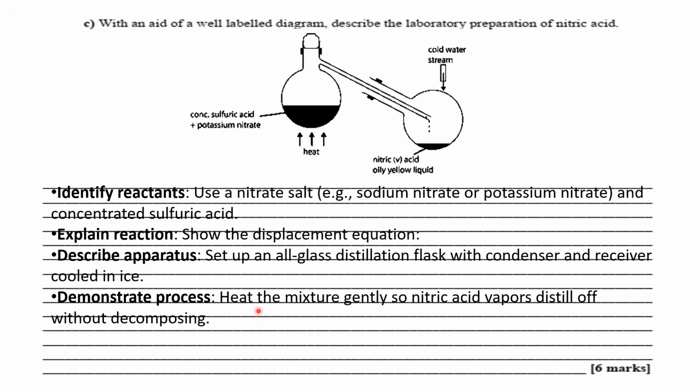The mixture is heated gently, and then we have the product being collected on the other end. Then condense the vapor and obtain nitric acid in the condenser.